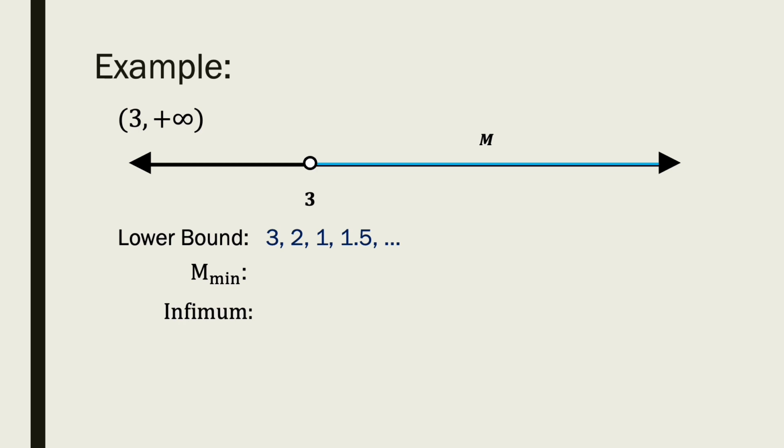Take note that a lower bound may not be a whole number. Then, the m minimum, or the minimum value of m, does not exist. It does not exist because 3 here is not part of set m. But the infimum of this set is equal to 3 because 3 is the greatest of all the lower bounds.